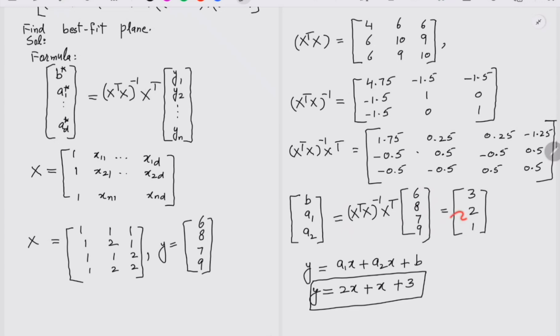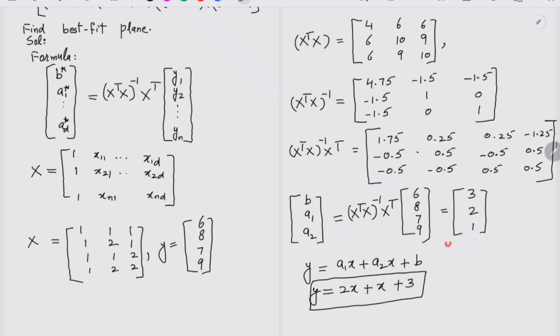When we multiply that, we get 3, 2, 1, and whatever you get on the right hand side, the first value corresponds to B, the second value corresponds to A1, which is 2, and the third value corresponds to A2, which is 1.